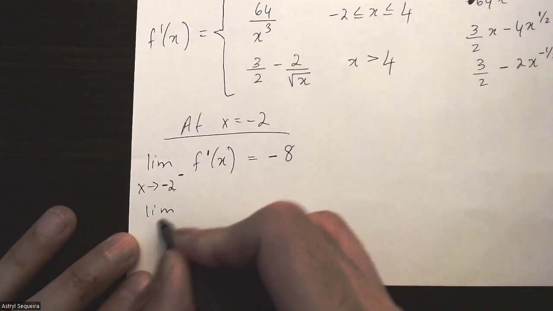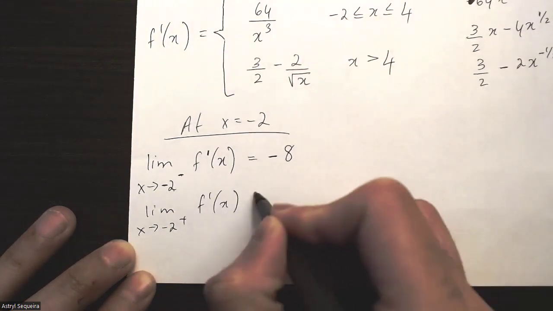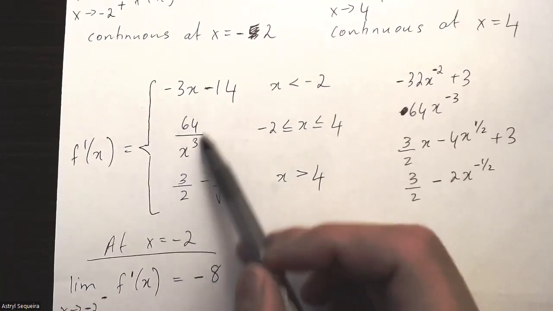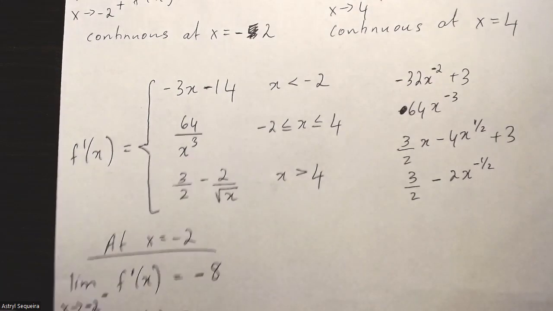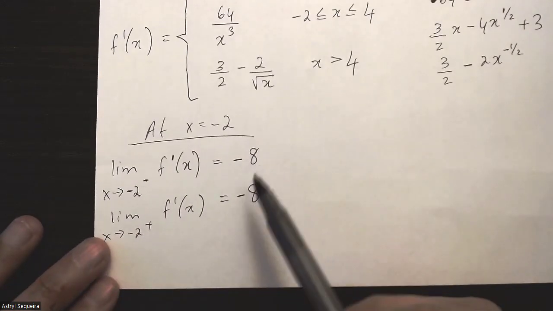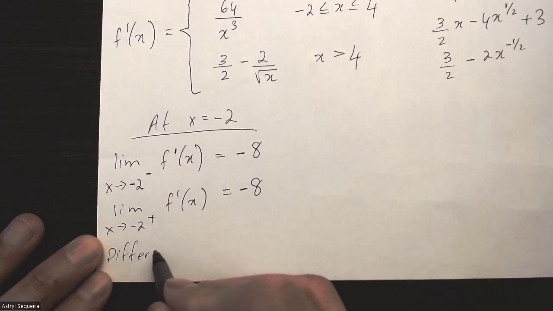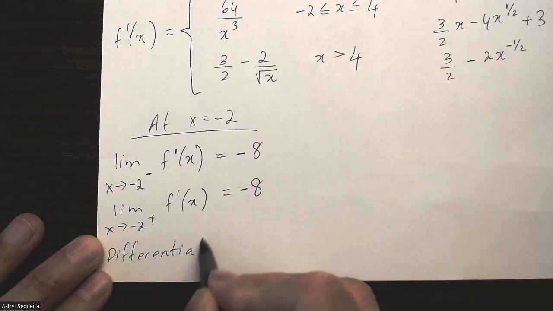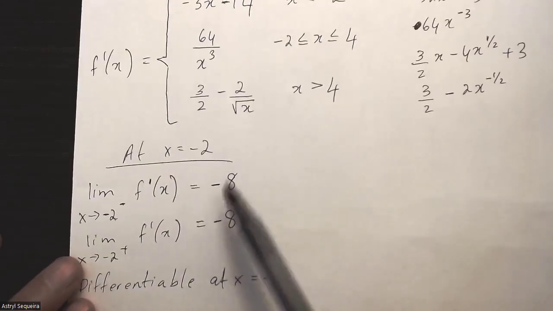And then I'll do the limit as x approaches negative 2 from the positive side of f prime of x. So I'll sub it into this second function here. 64 over negative 2 to the power of 3 is also negative 8. So since the slopes are the same, it means that the function is differentiable at x equals negative 2 because it's both continuous and the slopes are identical.